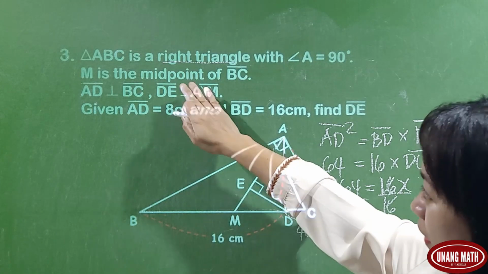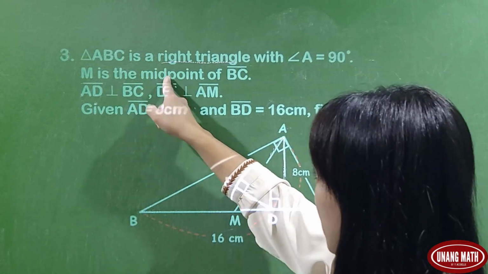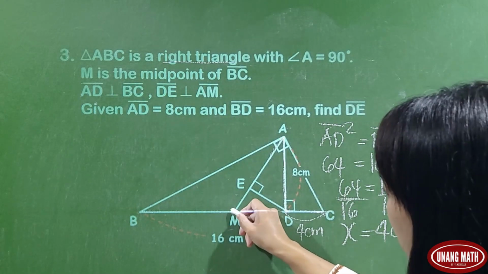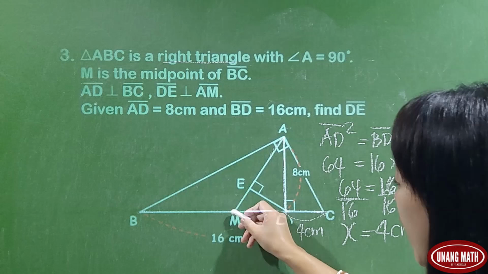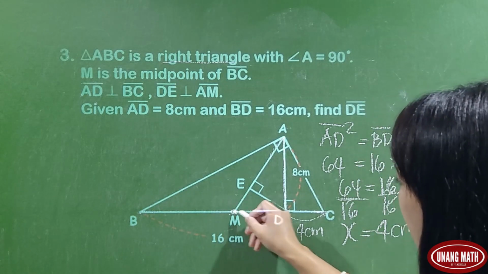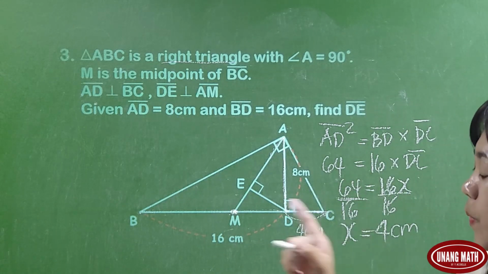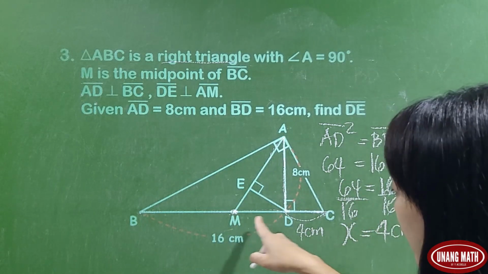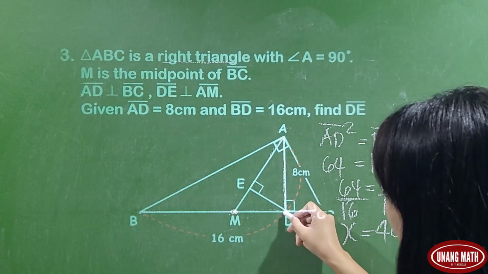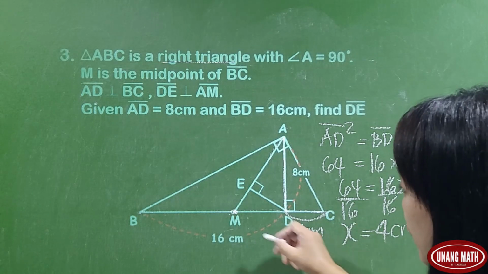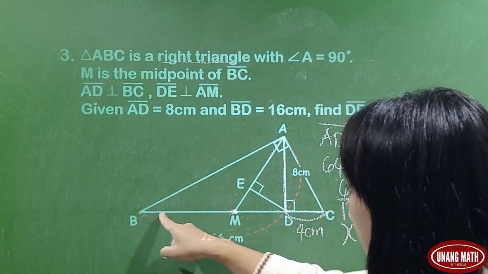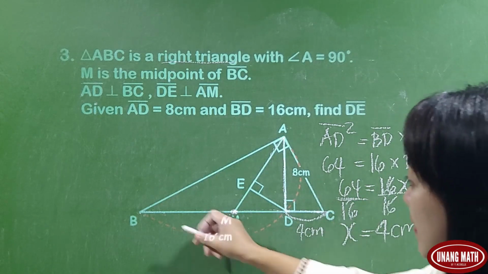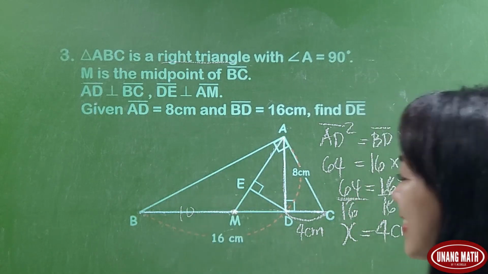Going back to the given that M is the midpoint of BC, BM and MC are equal in measure. So BD is 16 centimeters, and this is 4 centimeters, so BM, or MC, is 10 centimeters.